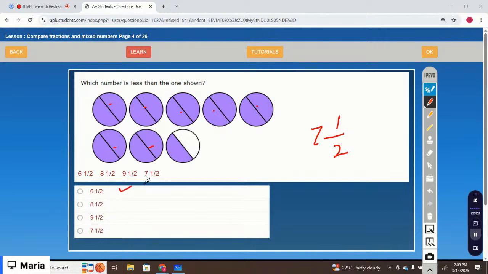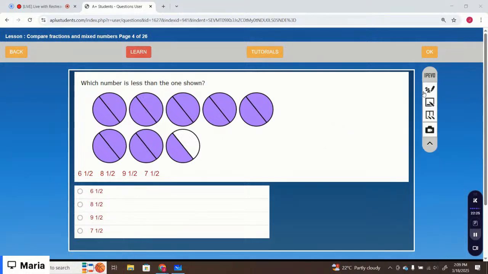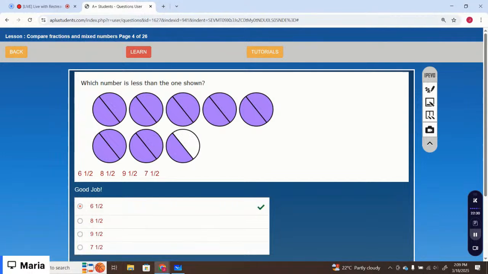Very good. That is 6 whole 1 over 2. Option number 1 is the correct option. 6 whole 1 over 2 is smaller than 7 whole 1 over 2.